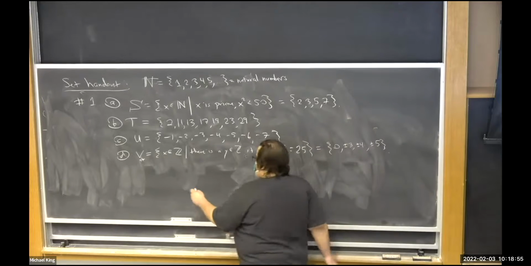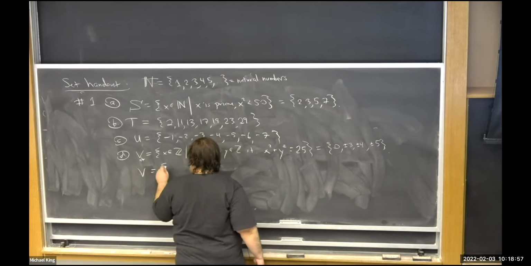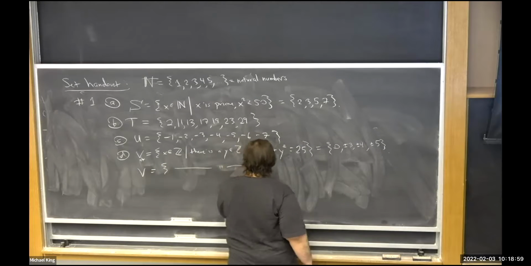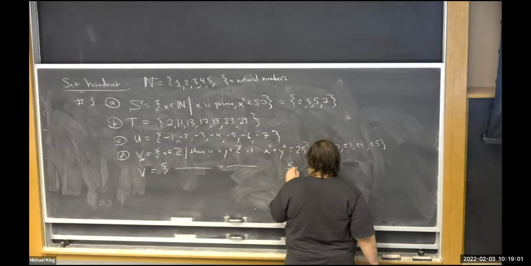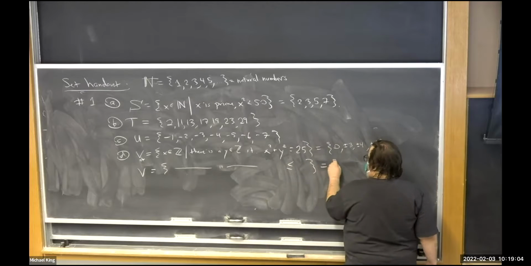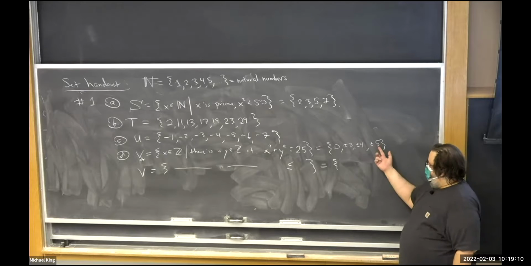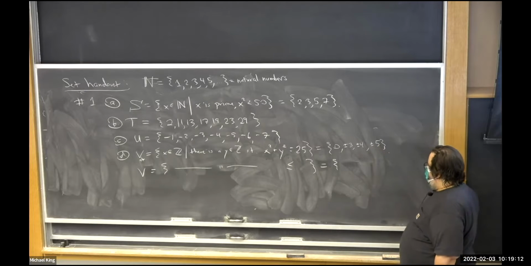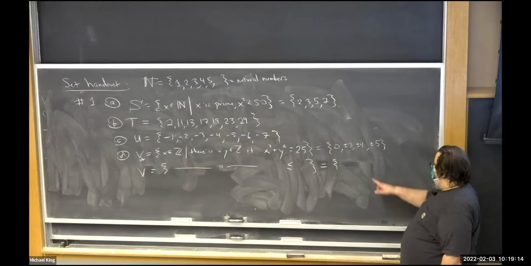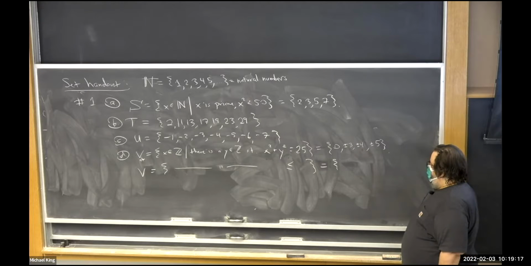The actual V that we have is all the same except less than or equal to. What satisfies that? So all these same numbers are in it, right? But what else? Minus 4. Yeah, plus or minus 1, 2, 3, 4.